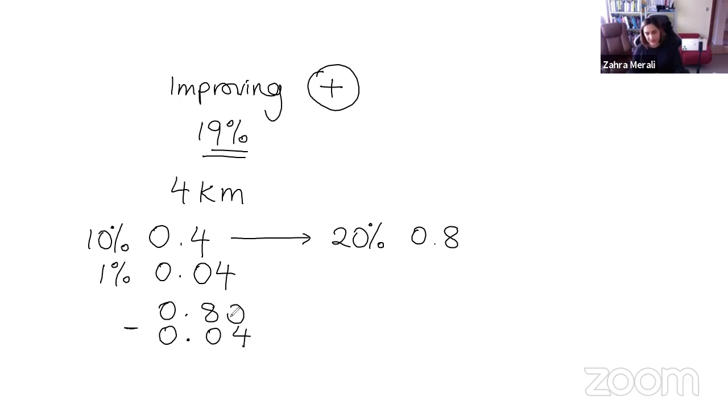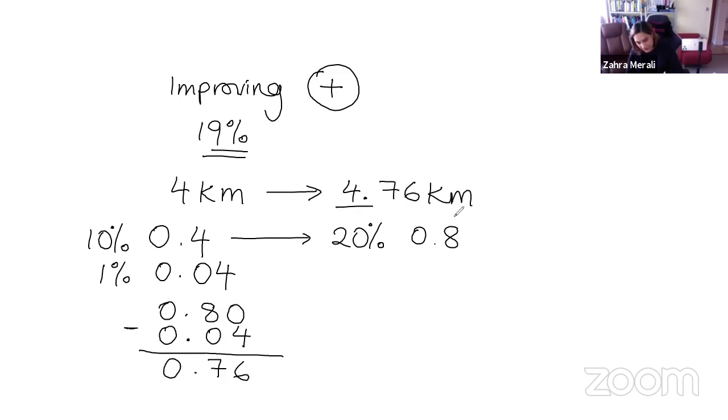And if we're missing something, we can add a 0 in. So we've got 80 take away 4, which is 76. So we've got 0.76, so she's improved. So we're adding that 0.76 to it. So now her new amount that she can run is 4.76 kilometers, because you've increased it, so you've added that amount to it.